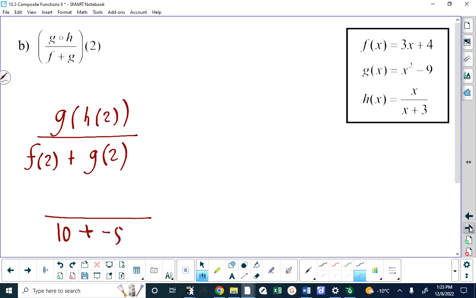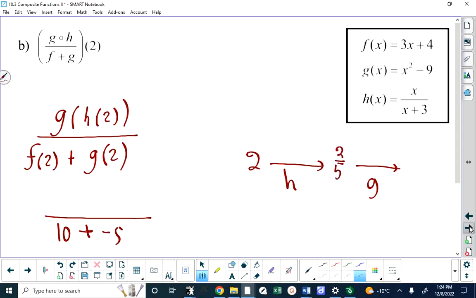I really highly recommend not doing the composition part always in your head. It's so simple to get backwards. I know from experience that students will do this. So this really helps focus your brain on what it is you need to do. 2 goes into h, which gives me 2/5.